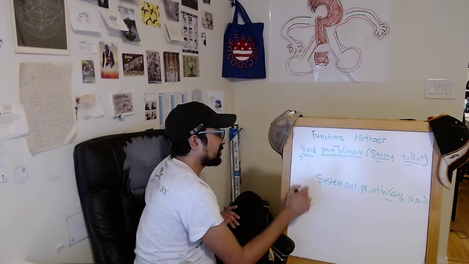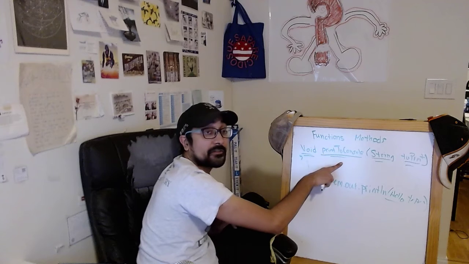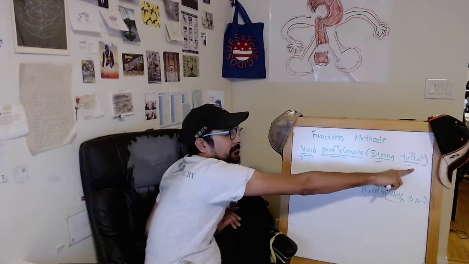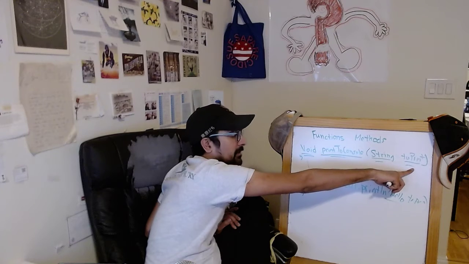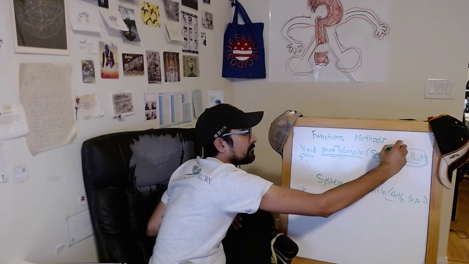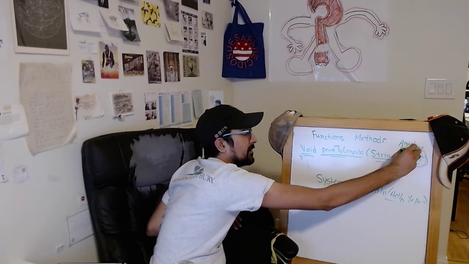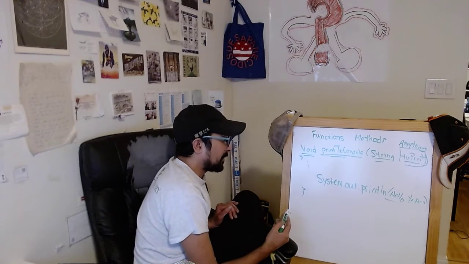But what this means is that when you invoke this function, you invoke it with a string. And for the run of that function, this string will have the value you invoke it with. So this can be named anything. Okay? And so let's see what happens when we invoke this.